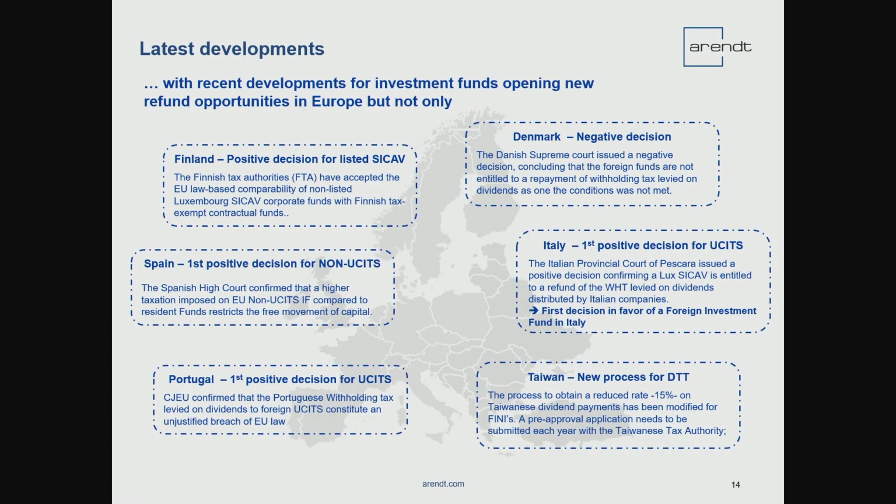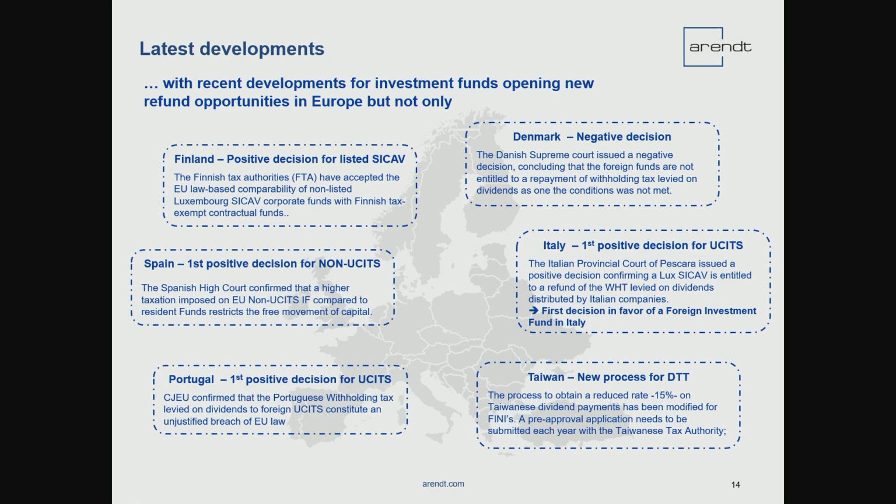I would start with Spain, because for several years we have already had refunds for UCITS funds in Spain. I know that the webinar is about UCITS, but when we are talking about tax reclaims, we need to discuss both UCITS and non-UCITS funds.